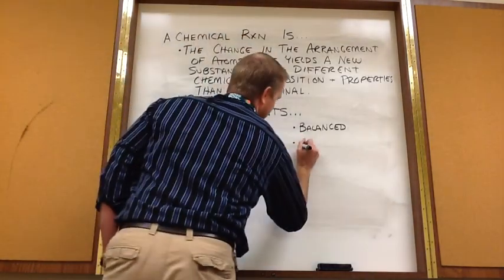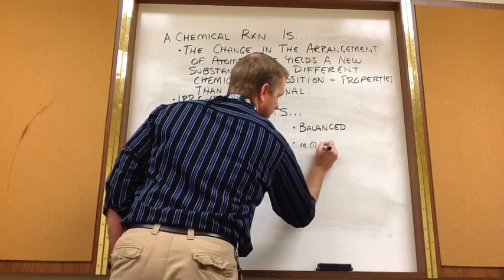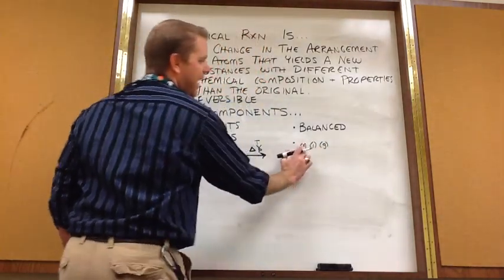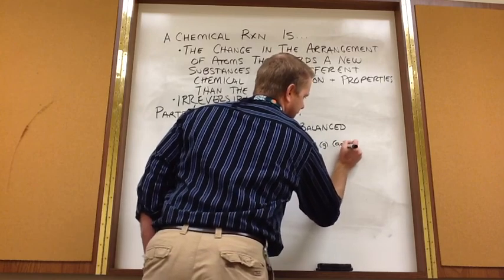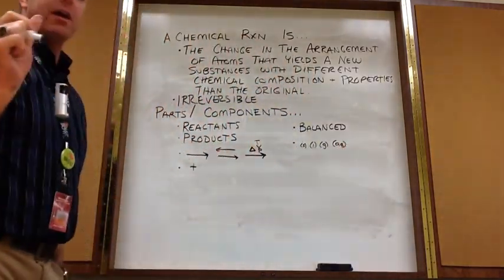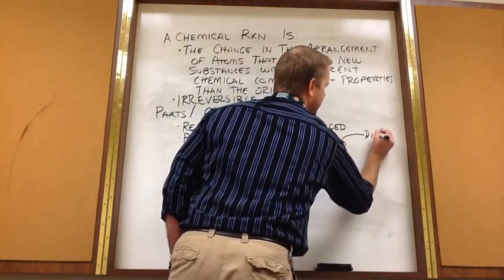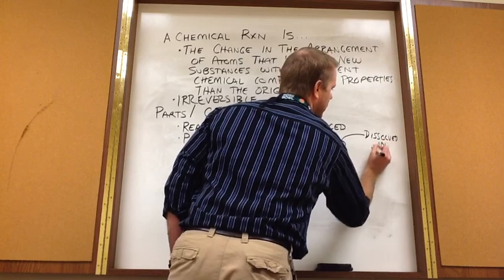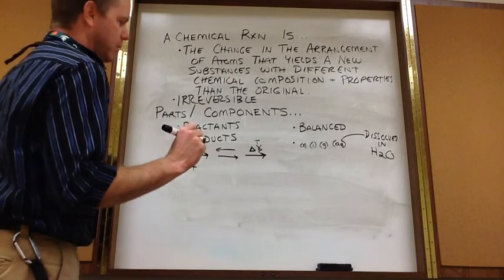Sometimes you'll see a little S, a little L, or a little G. That tells us if it's a solid, a liquid, or a gas. But this last one is a little more interesting. We may not see it all the time, and it's AQ. What does that mean? It means it's aqueous. In layman's terms, that means dissolved in water.